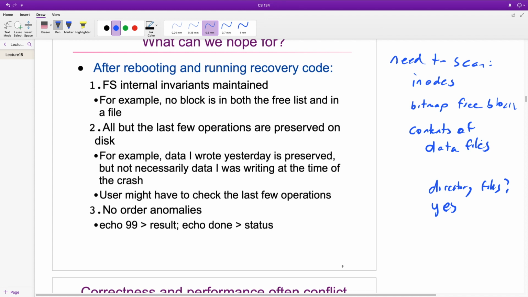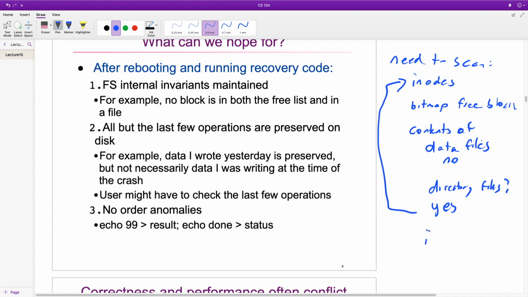Those are also blocks in the data. So contents of data files, no. Directory files, yes, because we need to match up the directory entries to the inodes and make sure we don't have any directory entries that point to free inodes, or inodes that are not free that no directory entry points to.